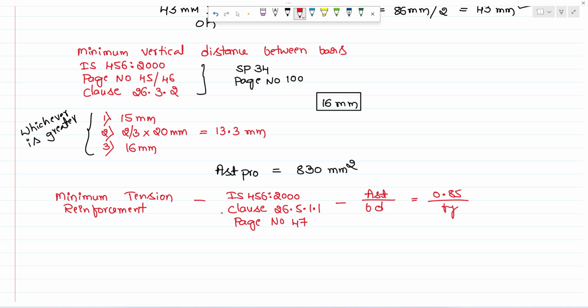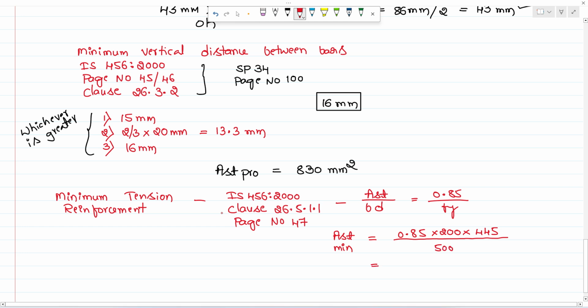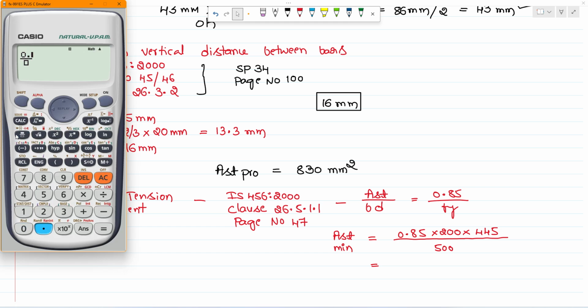So let me calculate the minimum requirement. So AST minimum is equal to 0.85 multiplied by 200 multiplied by effective depth, it is 445, divided by your grade of steel, it is 500. So let me solve this. So 0.85 multiplied by 200 multiplied by 445, again divided by 500.